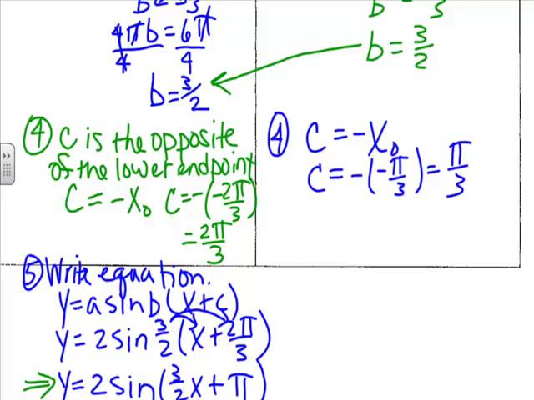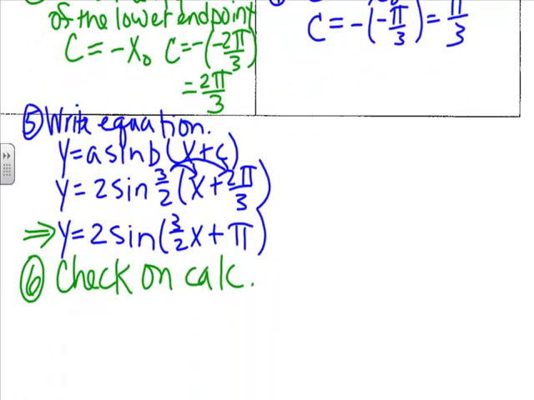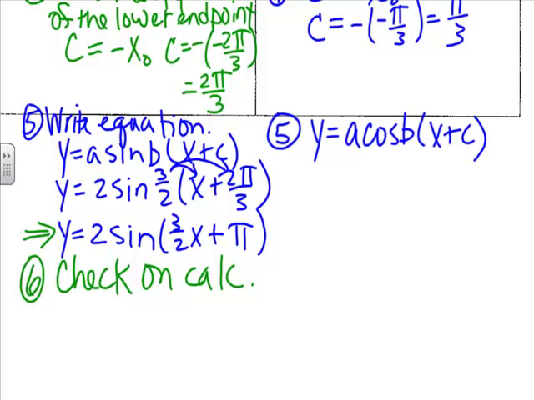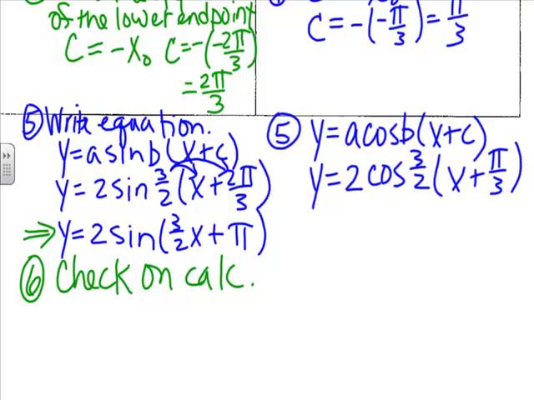Okay, last step, same as what we did before, is to write the equation. So y equals a cos(bx plus c). So y is equal to, my a is 2, cosine, my b again is 3/2, and then this time I have x plus pi over 3.